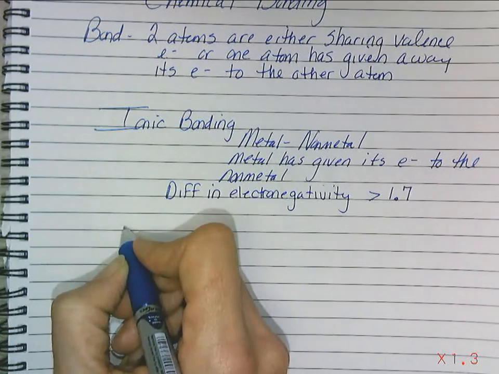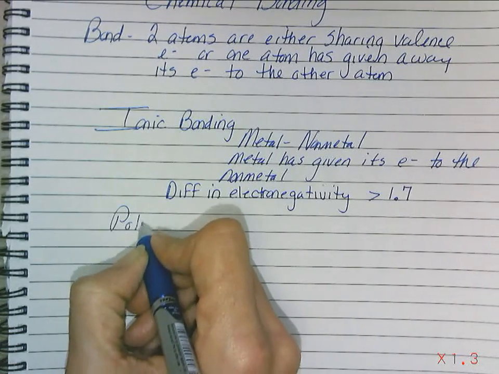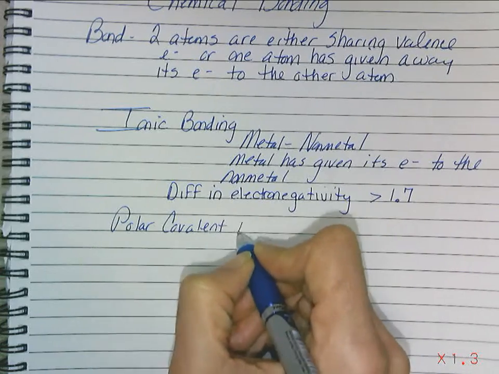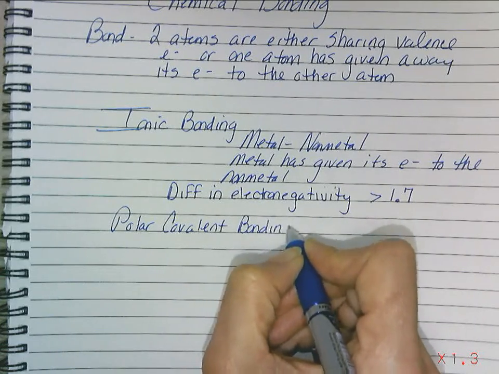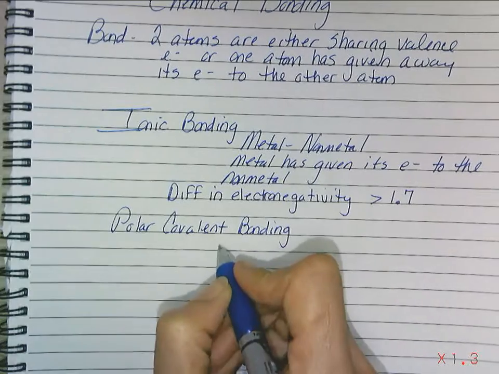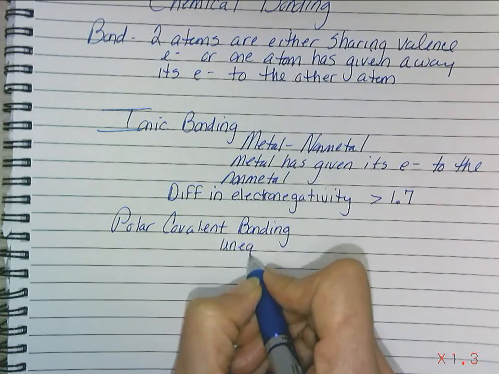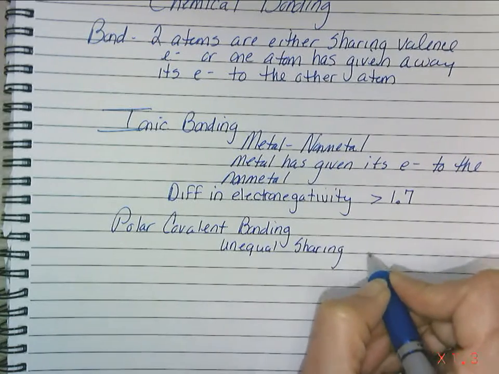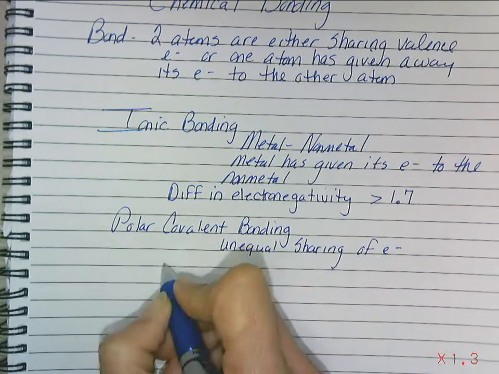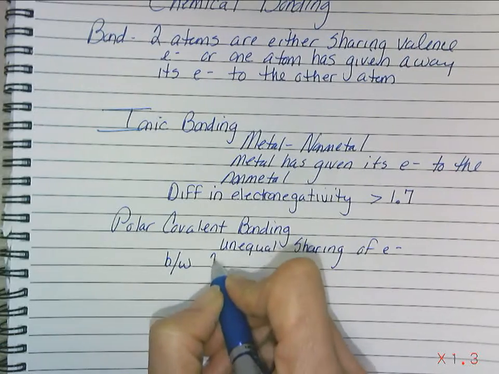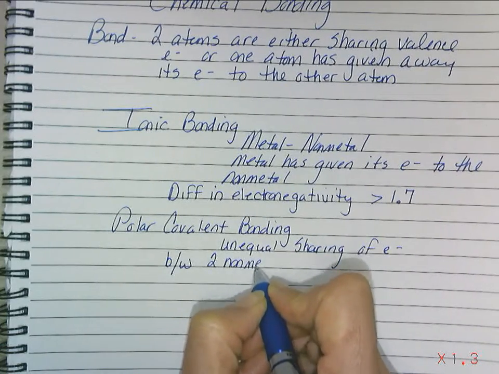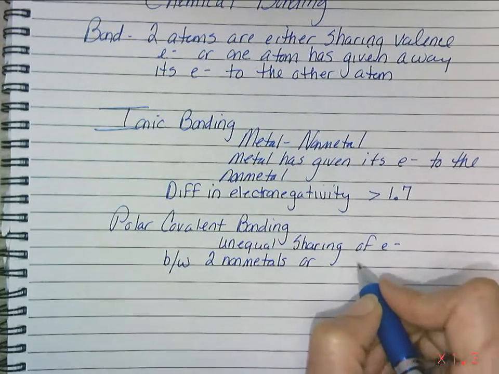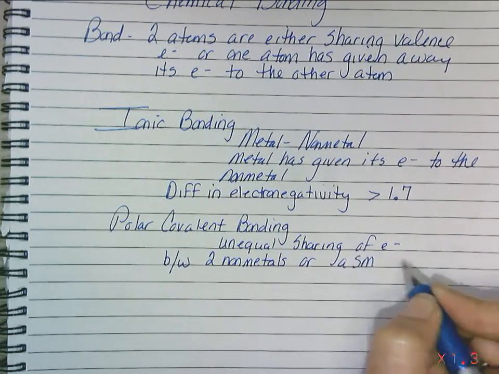All right, the next type of bond is called polar covalent. This is where there is unequal sharing of electrons between two nonmetals or a semi-metal and nonmetal, metalloid, whichever.